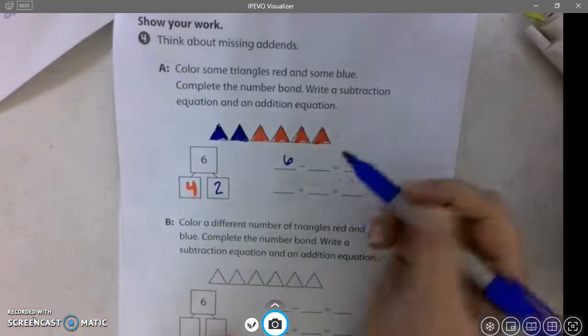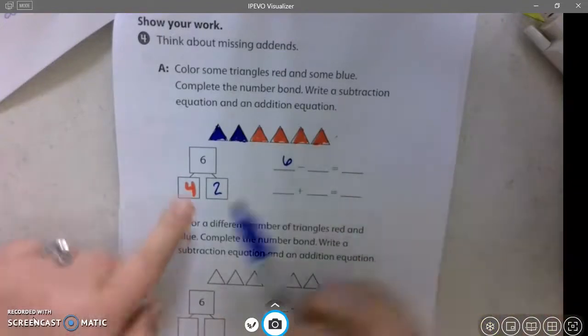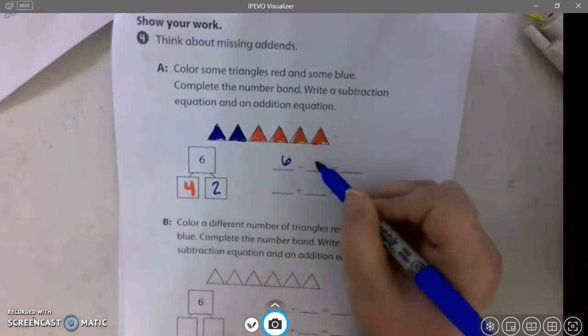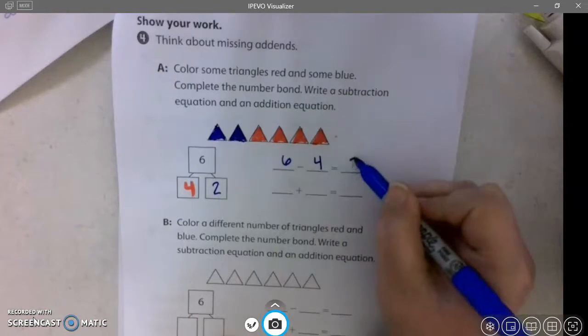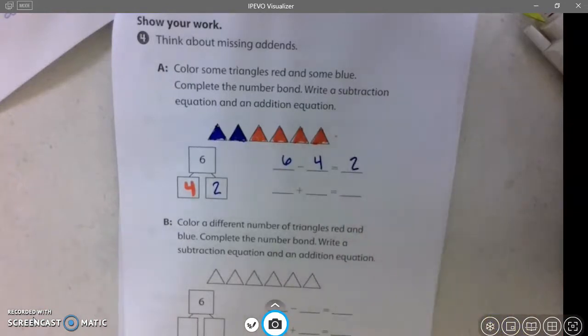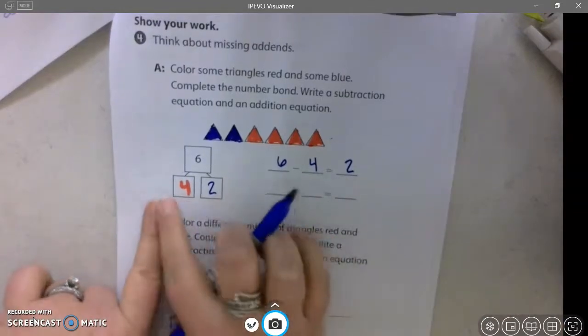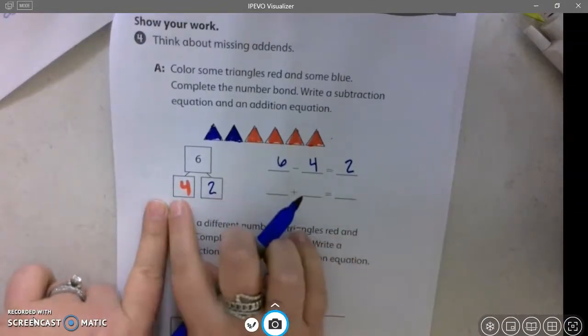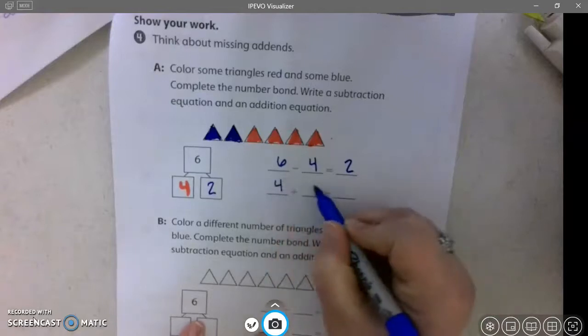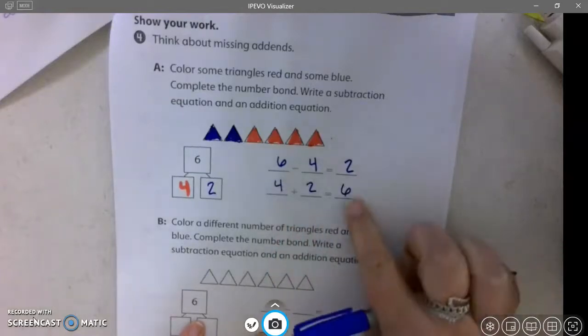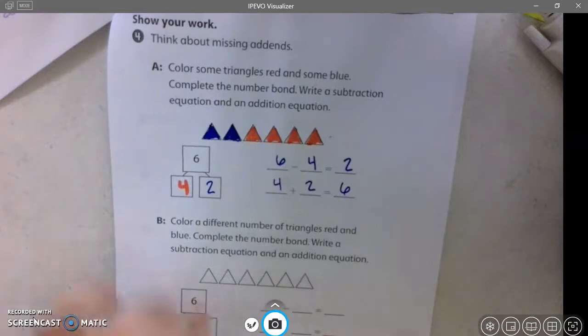In your case, it has to start with 6, but it could be either of the numbers that you chose. For my case, I'll do 6 minus 4. For adding, you're going to use your 2 numbers, okay? But remember, it can go from left to right or right to left. I'll do 4 plus 2, and yours has to equal 6 because there's 6 triangles.